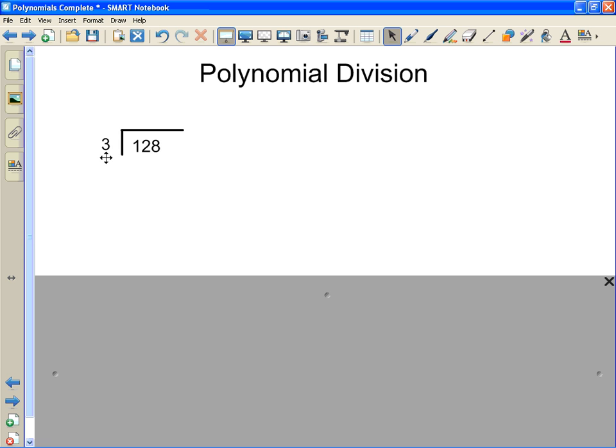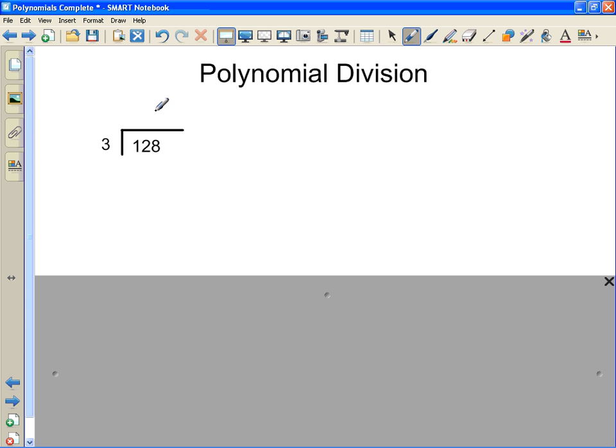I'm going to use regular number division as kind of a template for what we're doing with polynomial division. So if you think back to when we were learning to divide numbers, what we would do is we'd ask ourselves, all right, I need to multiply this number by something that's going to, as closely as possible, match at least the beginning part of this number inside here.